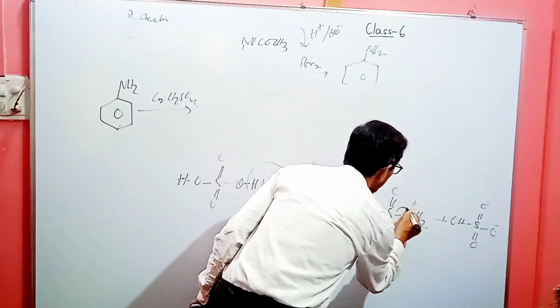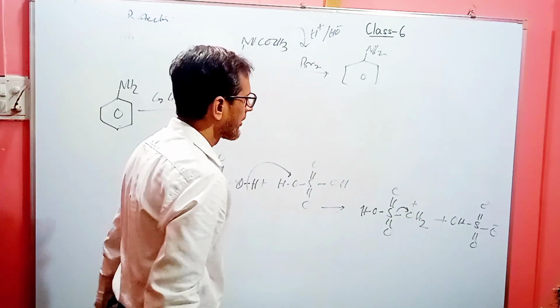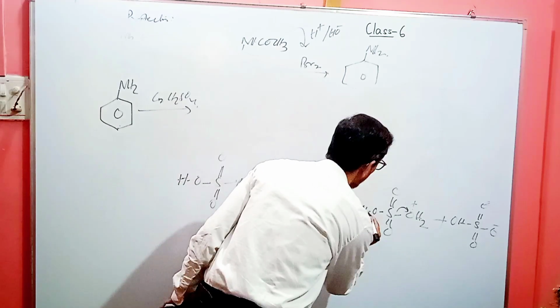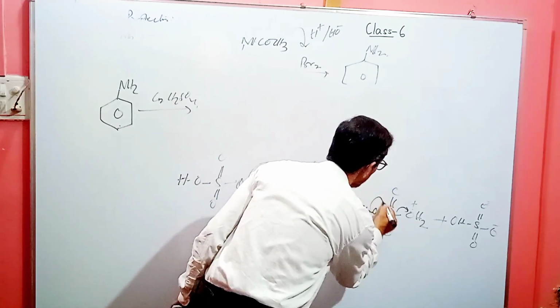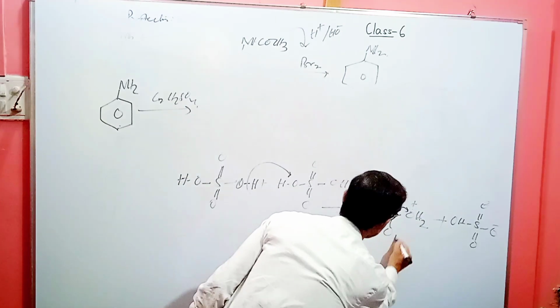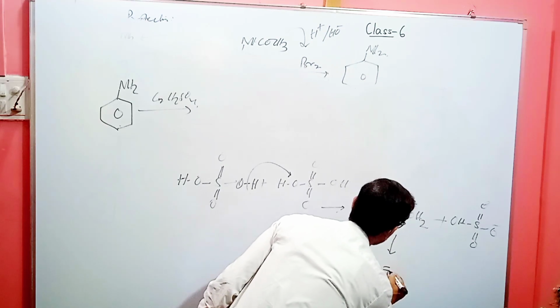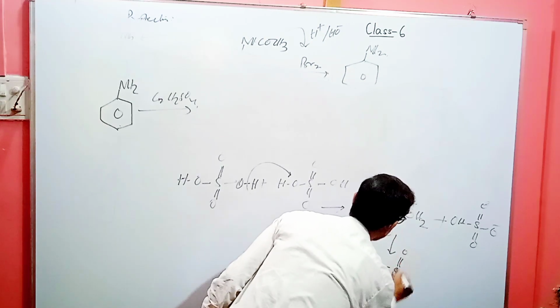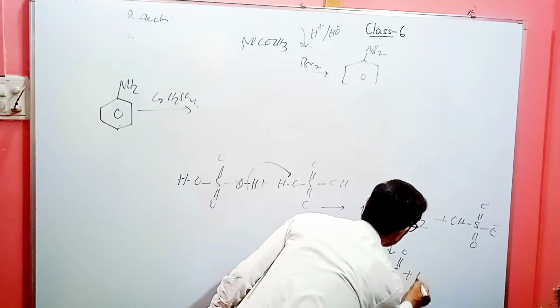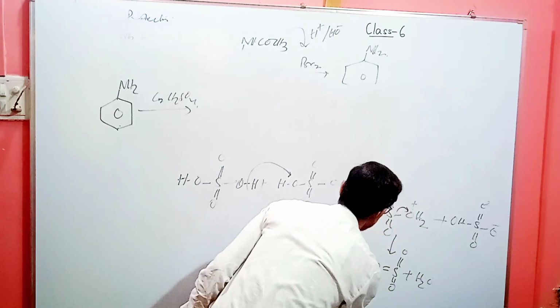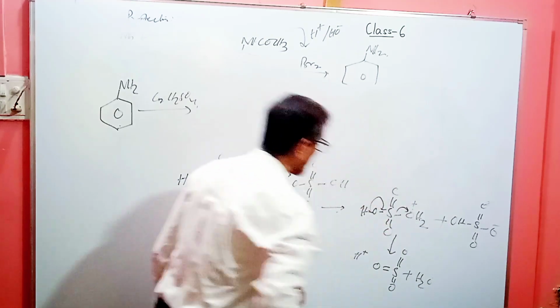So that OH leaves as water, and that bond is withdrawn here. So what happens here is O double bond S double bond O plus water, and that hydrogen remains like this.